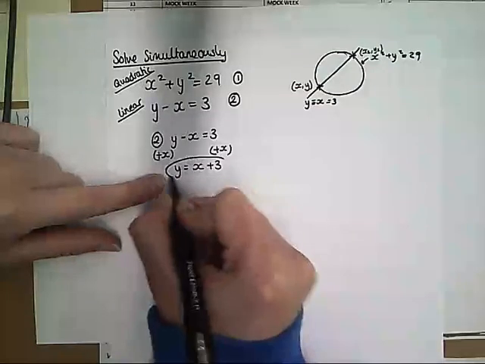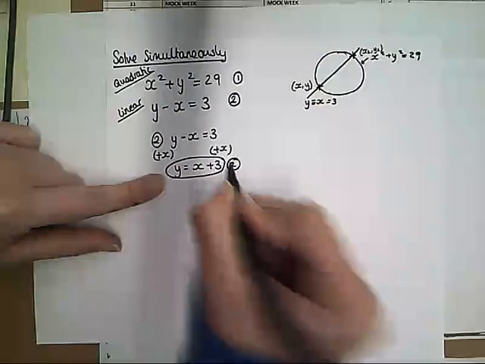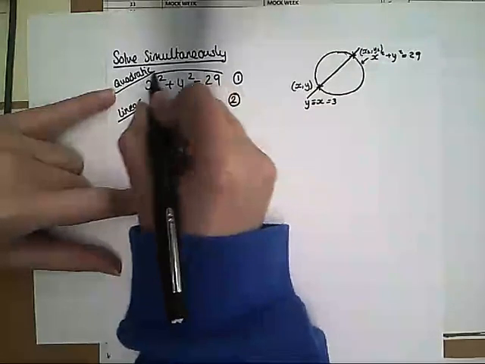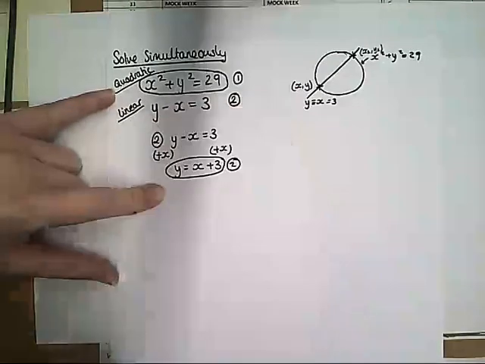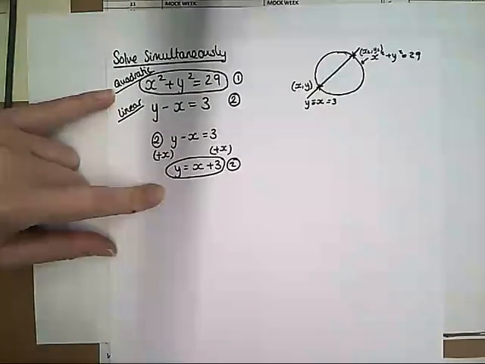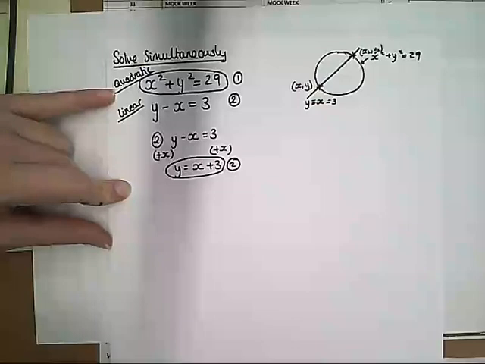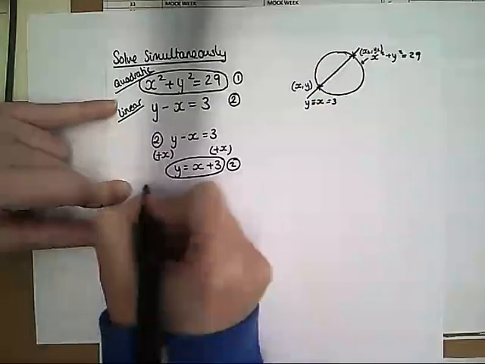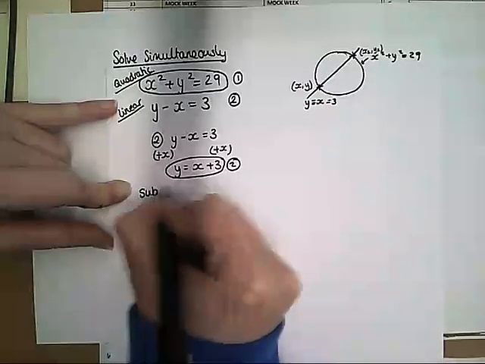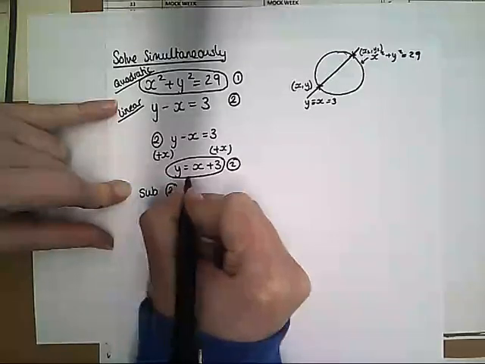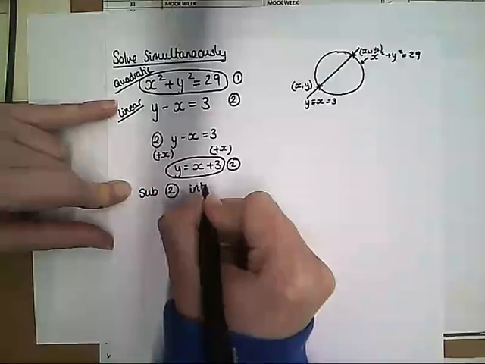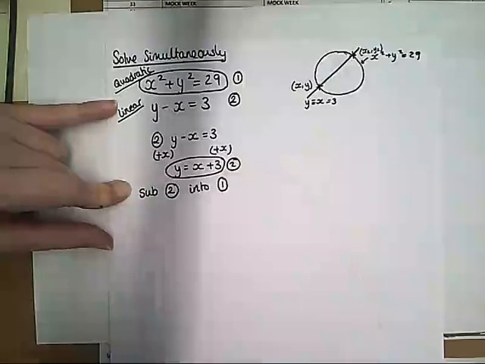Our equation 2 is y equals x plus 3, and our equation 1 is x squared plus y squared equals 29. Then we're going to use a method called substitution, and we are going to substitute our linear equation, the one that's either x equals or y equals, into our quadratic equation.